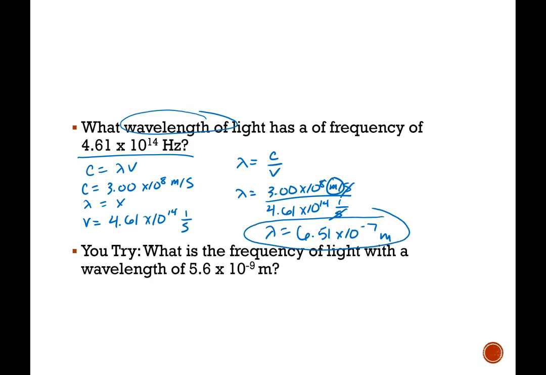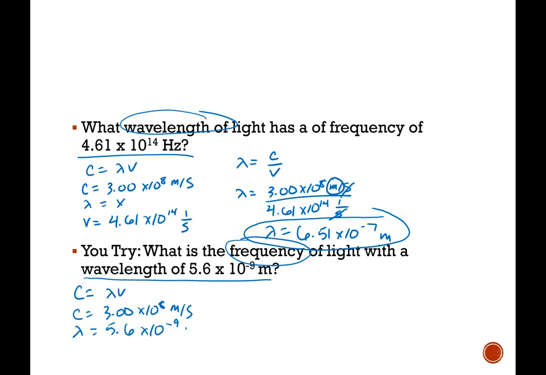It's pretty much the same thing if I have wavelength and I'm solving for frequency. So c equals wavelength times frequency. c is constant, 3 times 10 to the 8th meters per second. Wavelength is 5.6 times 10 to the negative 9th meters. Frequency is my unknown. Rearrange to solve for frequency. We get frequency is c over wavelength.